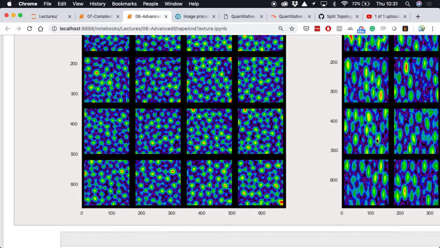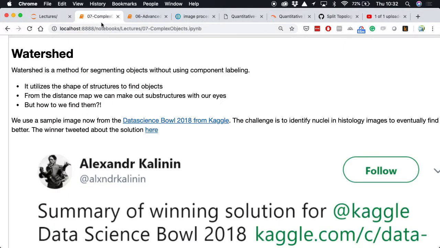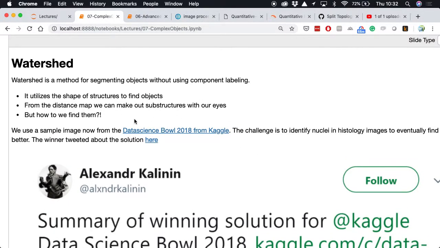The pattern is quite easy for us because there are peaks present inside of this image, and if you look at the peaks and the areas around them, it becomes quite easy to see. And so what watershed is really doing is taking that intuition and trying to turn it into a useful technique.